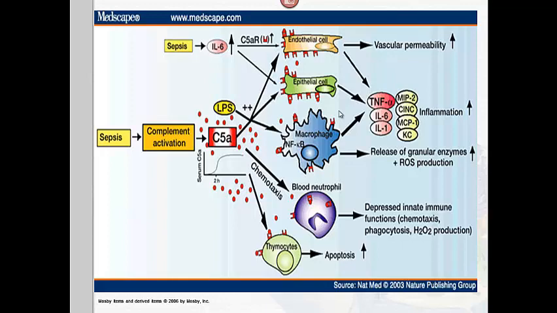So after that, who's going to follow? Well, all the complement cascade will be activated. And after the complement cascade being activated, they all basically merge at the level of complement factor 5.